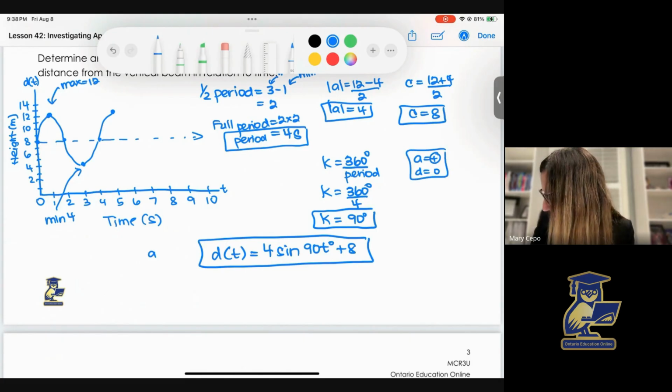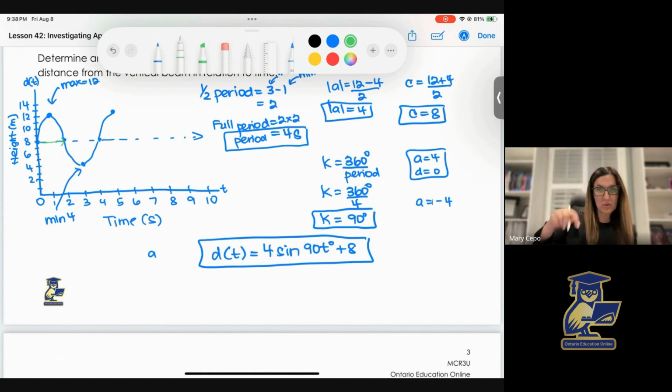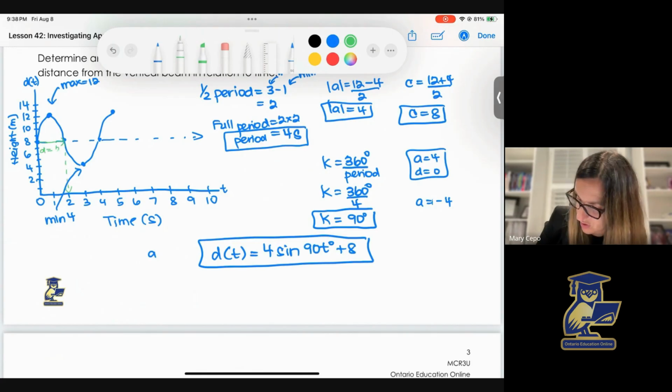However, if we wanted to say A is negative, so in our case, -4, if we wanted to say that A is -4, then we would look on our little sketch at -4, and we see how far it goes down to the minimum 4, and that's at D equals 2.